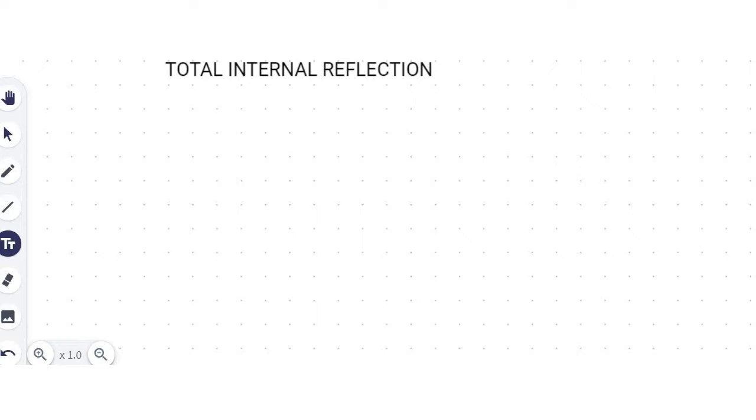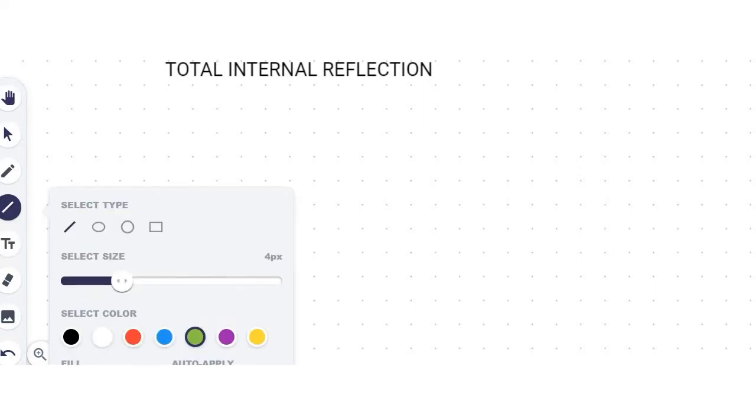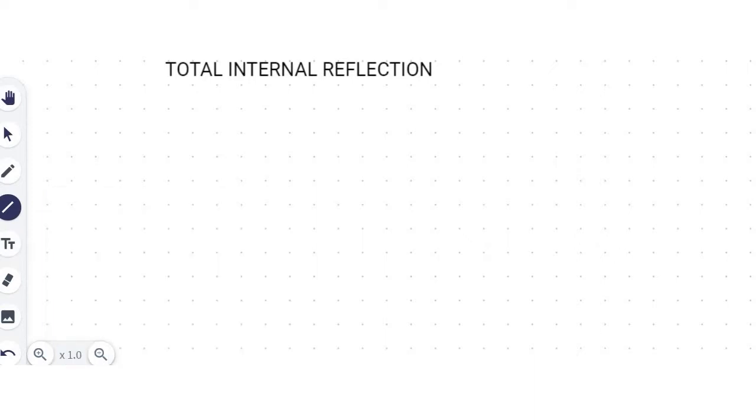And you have studied what is total internal reflection. So we will brush up our knowledge again. Suppose the light ray is traveling from one medium to another. Here there is an interface, the core-cladding interface, and the light ray is moving from core to cladding.